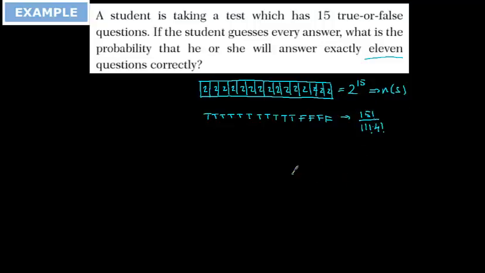So the probability of this event is 15 factorial over 11 factorial times 4 factorial, over 2 to the power of 15, and the simplifying part of course belongs to you. This is the number of elements in the event.